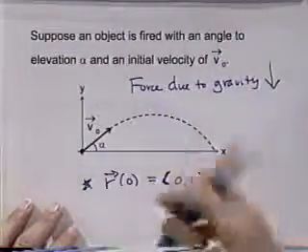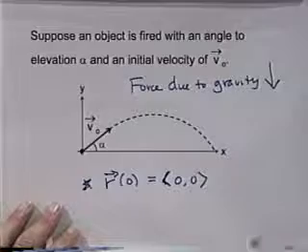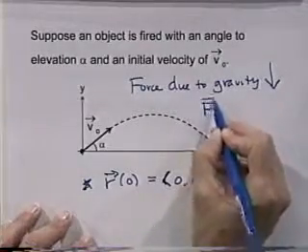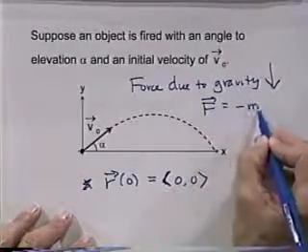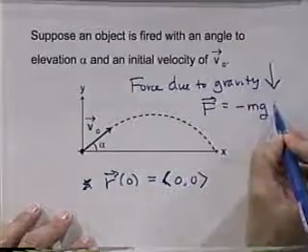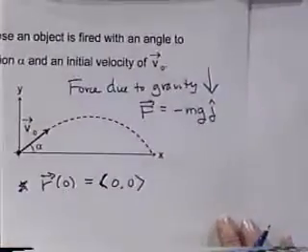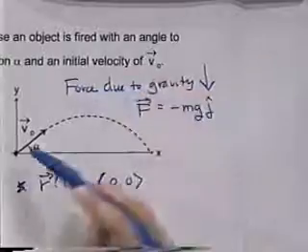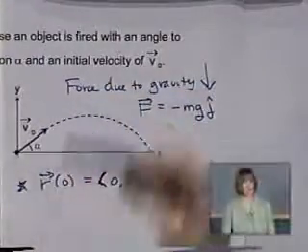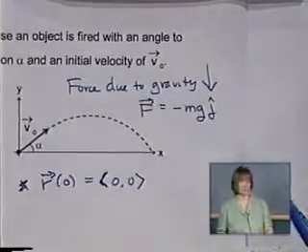So if it's downward, what component is it? It's the j component. That force is equal to minus mg times j. That's the force of gravity. The reason this ball goes up and then comes down is that gravity's pulling it down, and finally gravity wins out and it hits the ground.